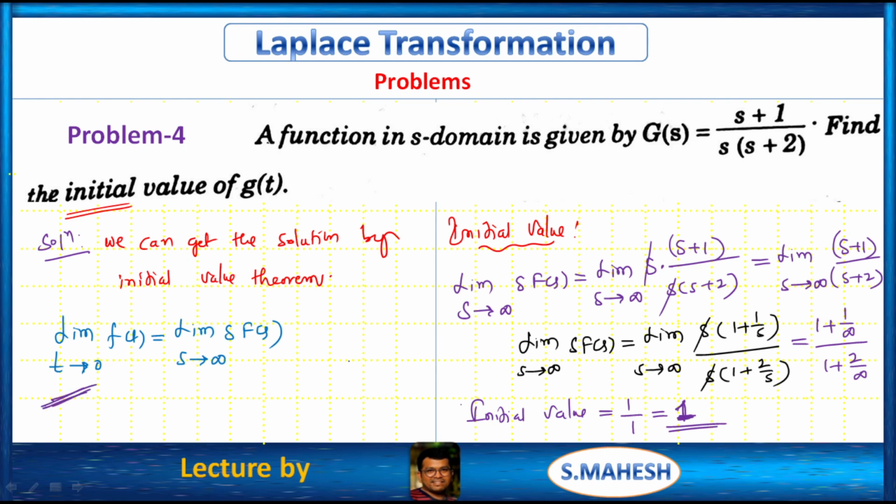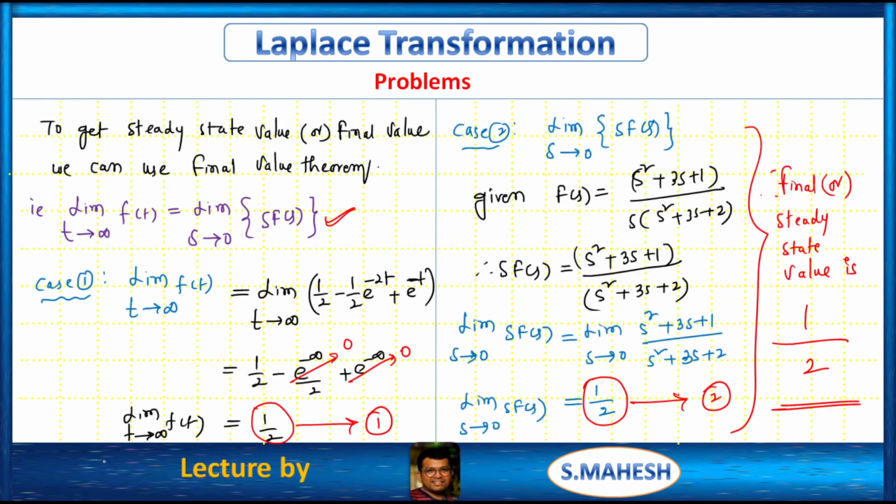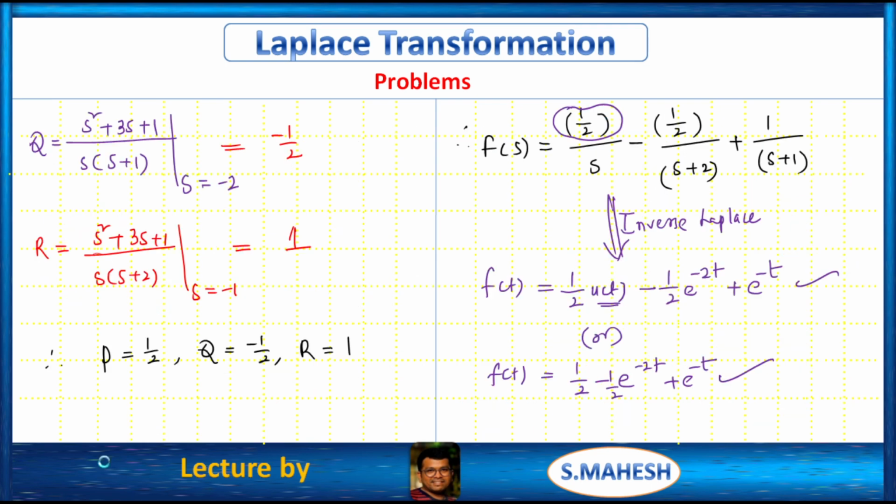If you have any doubt, go through the time domain approach, then verify this answer by using the time domain approach. To get the inverse Laplace, we simply use the partial fraction method.